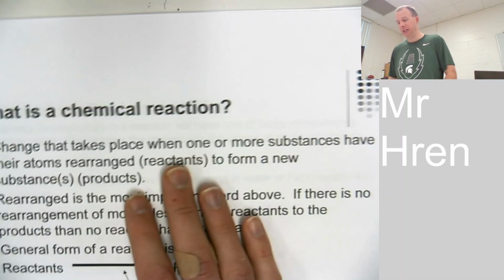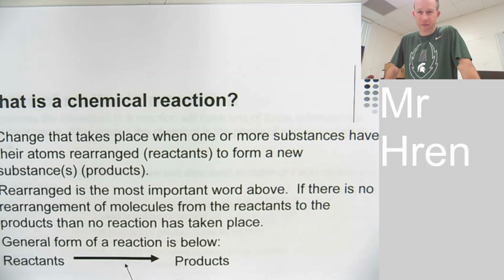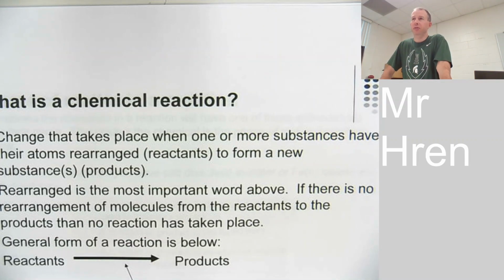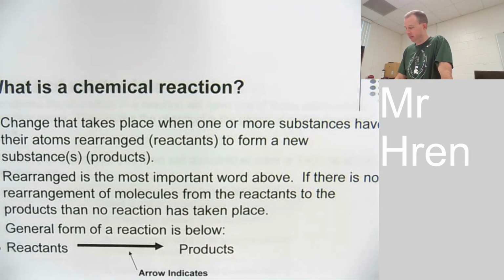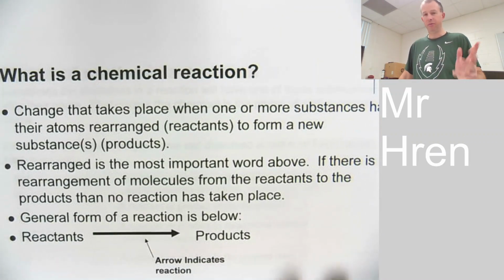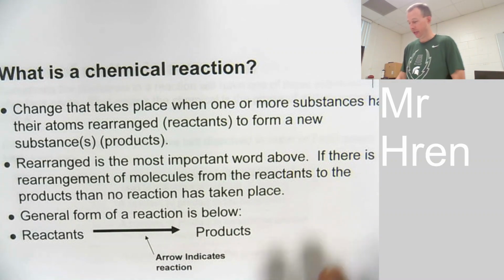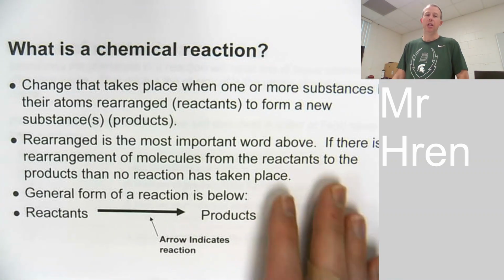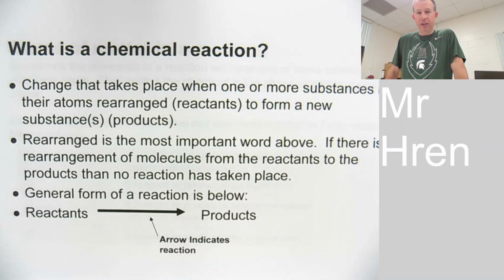What we're going to talk about today is going to be pretty short. This is just a really brief intro to chemical reactions and the ideas behind them. I'm going to talk you through the first two slides or so from the notes. I just want to have this on video. I'll probably do it in class too, but I also want to have it on video in case anybody wants to refer to this later.